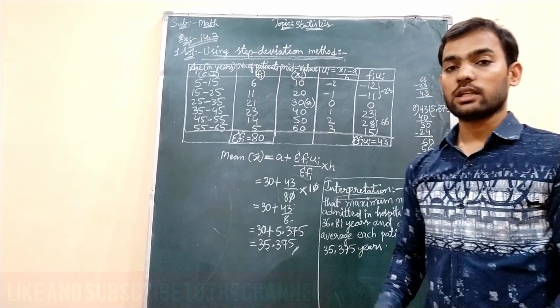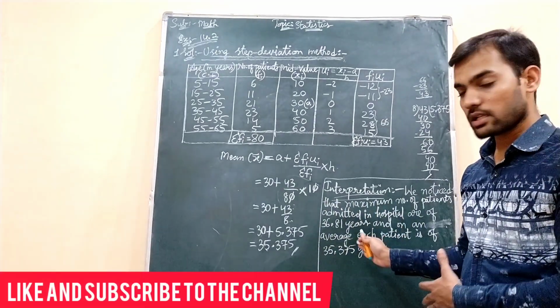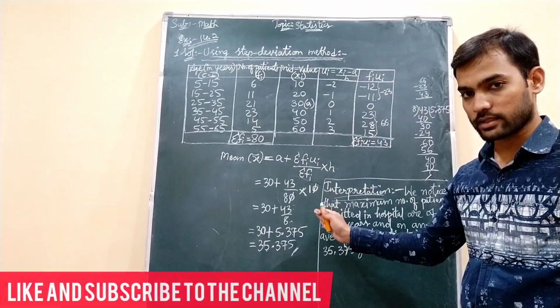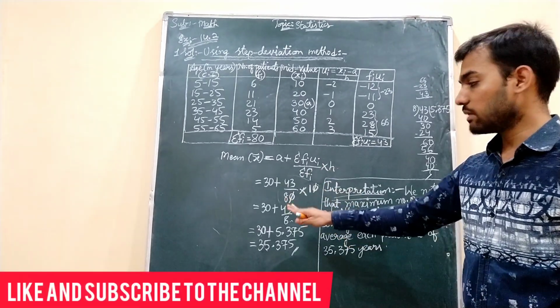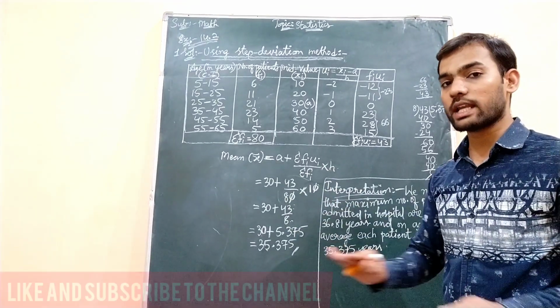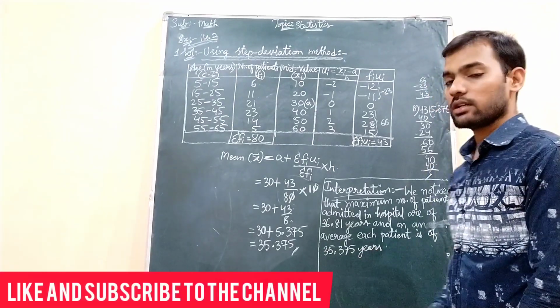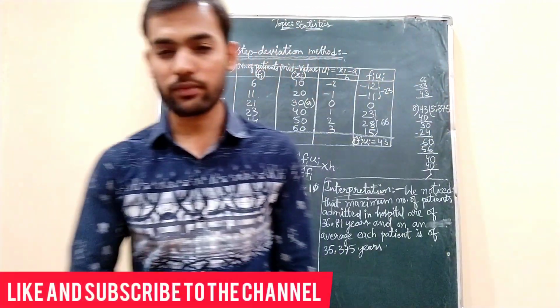Okay, students, we have written interpretation by seeing our answers. Mode answer you got is 36.81, so which means that maximum number of patients are having that age, and mean is nothing but dividing equally, which means on an average when you see all patients are of 35.375 years.